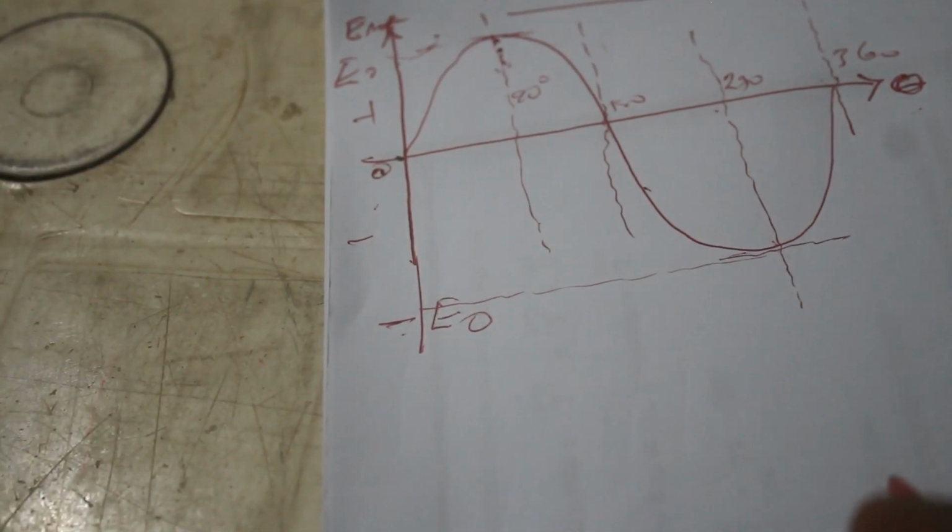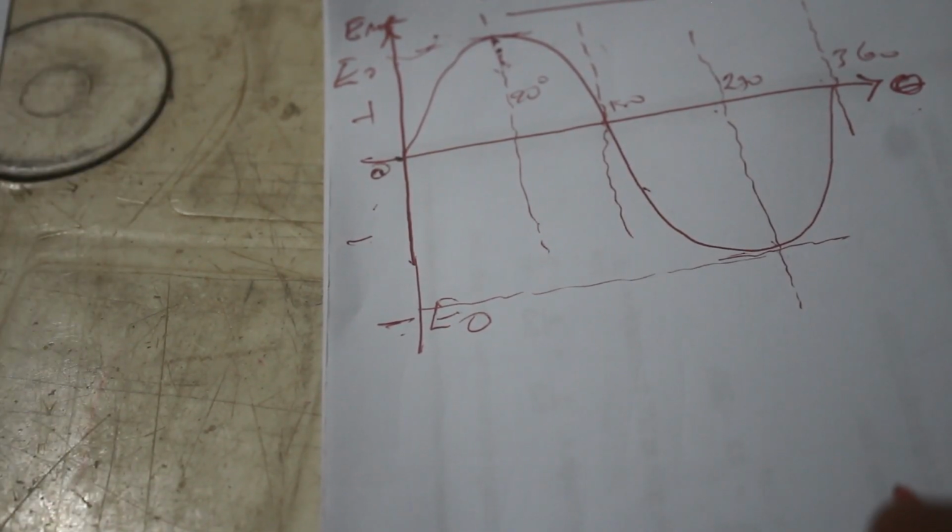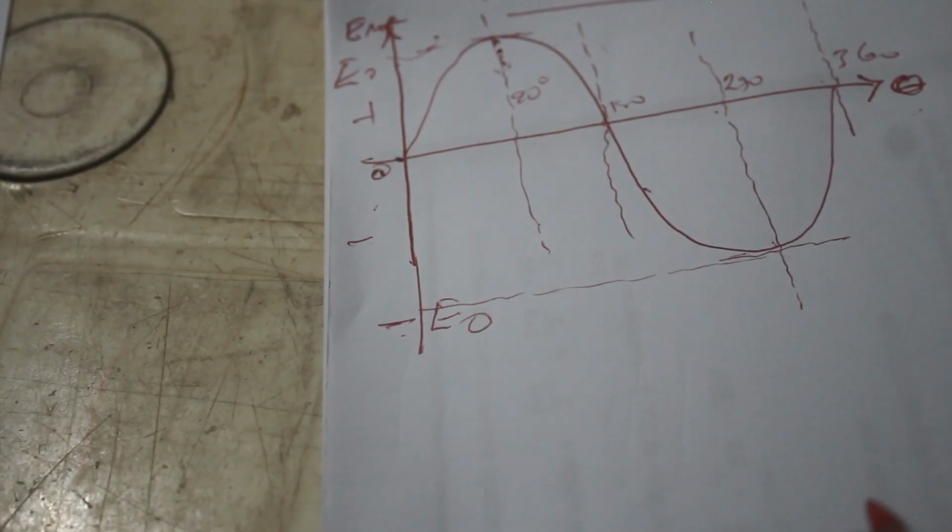If you go back to our videos on AC circuits, we said an alternating current can be represented in a sinusoidal form. It takes a sinusoidal waveform. Now you can understand why that is the case.